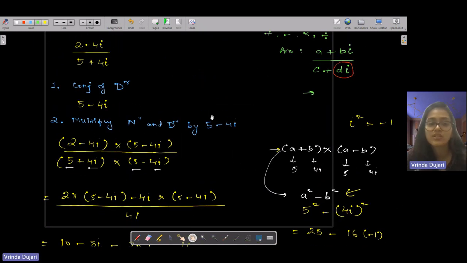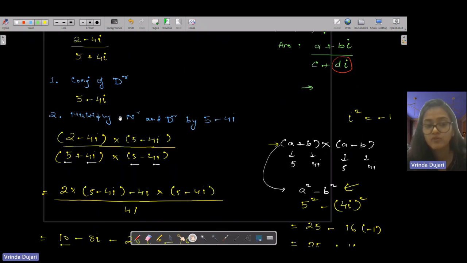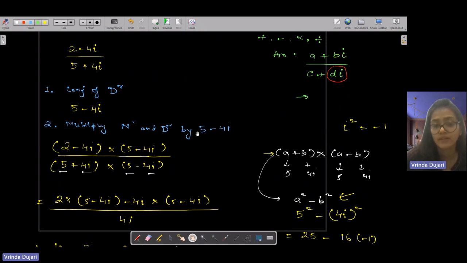Now, once again, let's just see what we did. We found the conjugate of the denominator. So the conjugate of 5 plus 4i is 5 minus 4i. Step 2, we multiply the numerator and denominator by this conjugate. Why are we multiplying both numerator and denominator? Because you cannot just simply multiply the denominator by something.